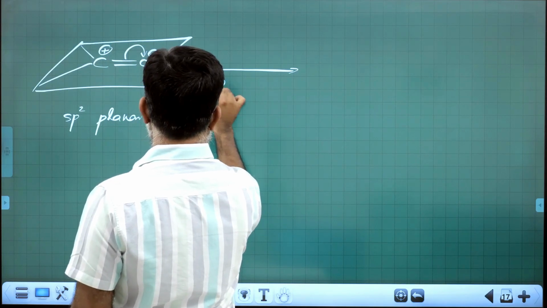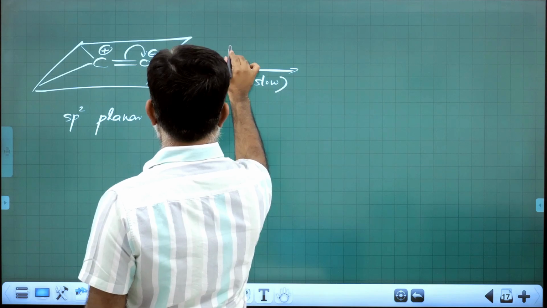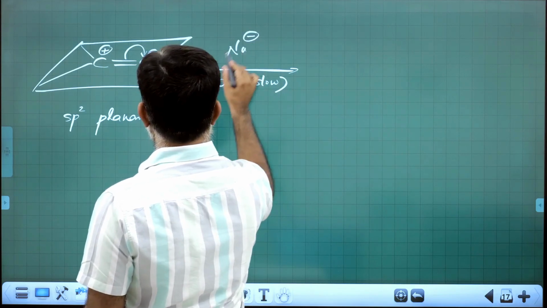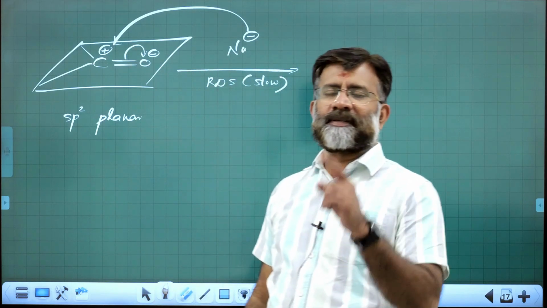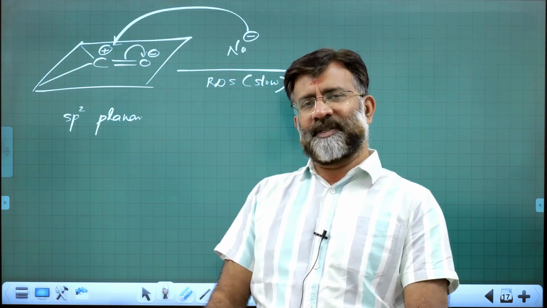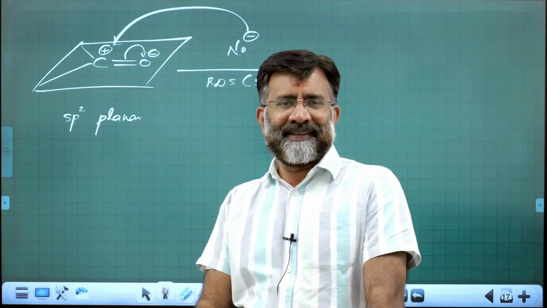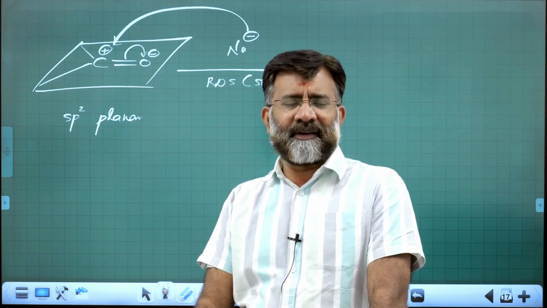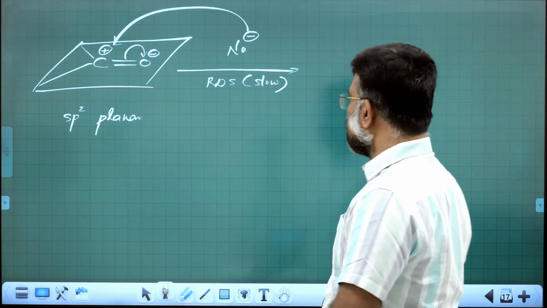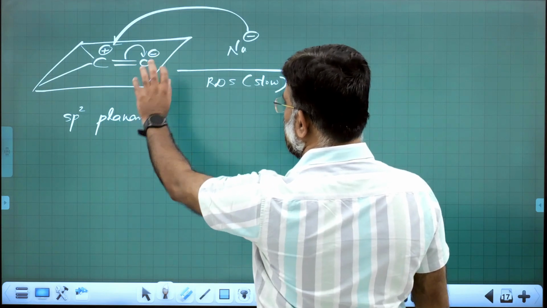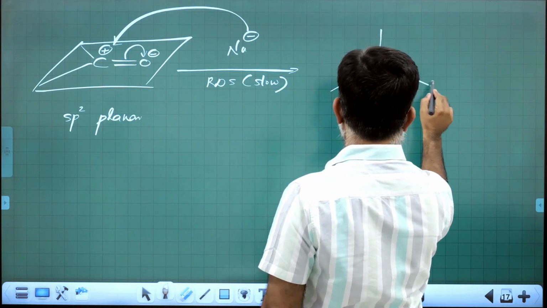That is the slowest step of the reaction. Please understand, a nucleophile will be attacking C plus, as C plus is more active. Why is C plus more active? It is electron deficient, having only a sextet, while O minus has an octet. So what will be the scenario? The sp2 planar system now will turn sp3 tetrahedral.